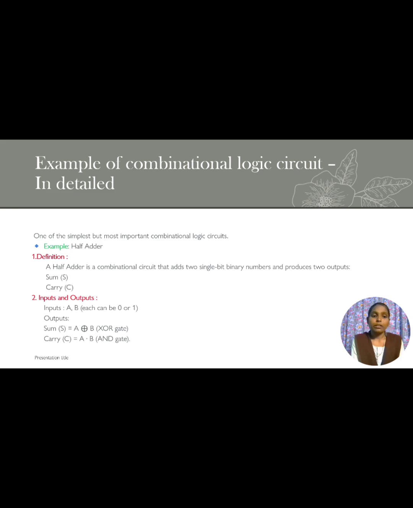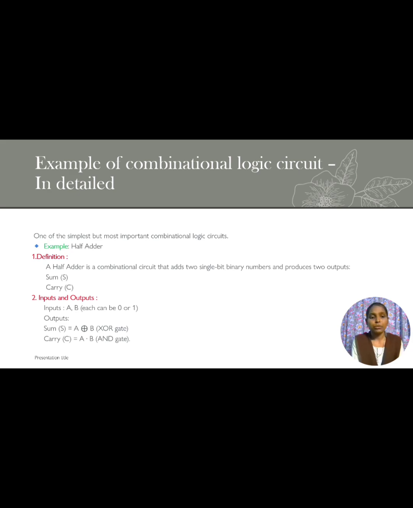Number 1, definition. A half adder is a combinational circuit that adds two single bit binary numbers and produces two outputs: sum, denoted as S, and carry, denoted as C.